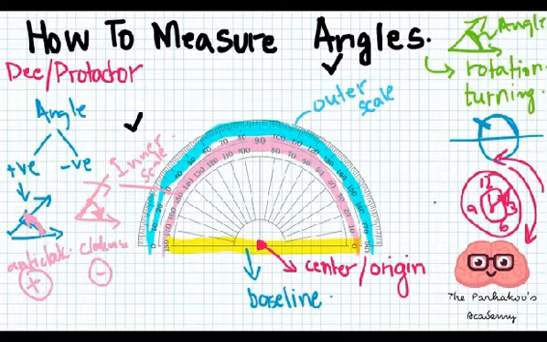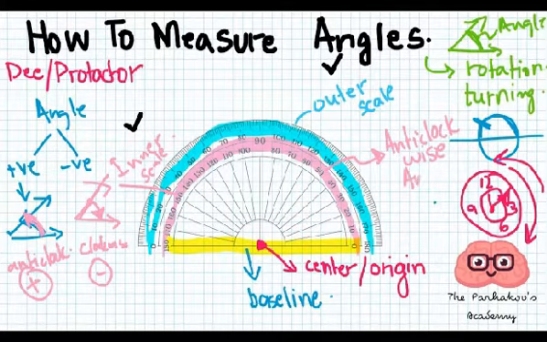Now I hope it's clear. So if our angles are anti-clockwise, we use this pink scale or the inner scale. So the inner scale is used for anti-clockwise angles.